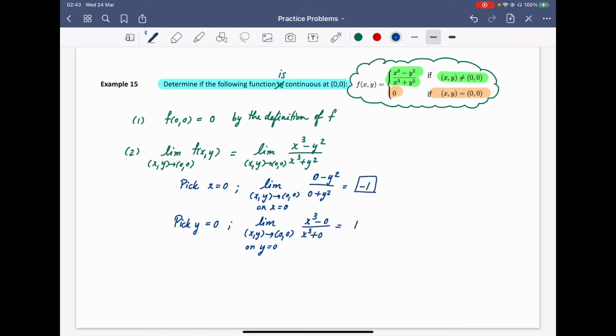So these two numbers are not equal to each other, so we conclude that the limit of f(x,y) where (x,y) goes to (0,0) does not exist.